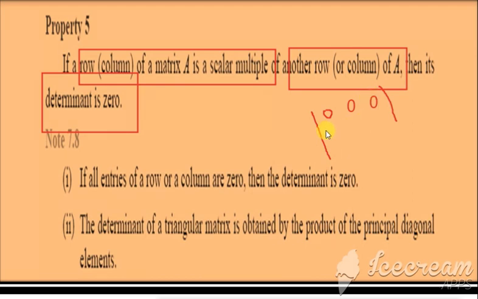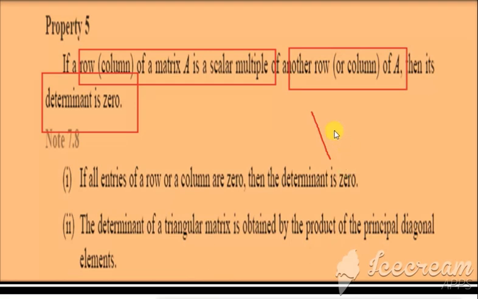All the elements are 0, it means the determinant value is equal to 0. So that is 0. Now not only like that, if any row or column, only one column or one row, is all 0, then the determinant value is equal to 0.